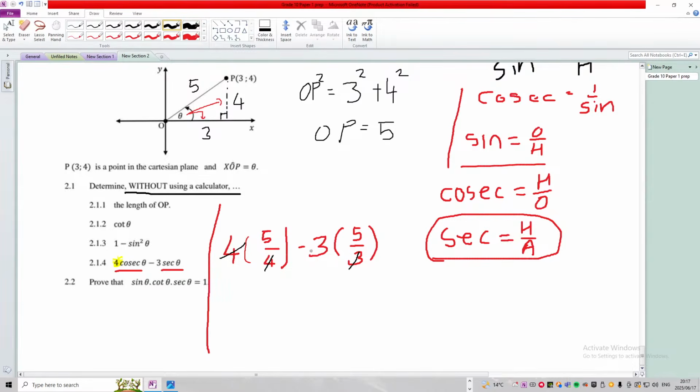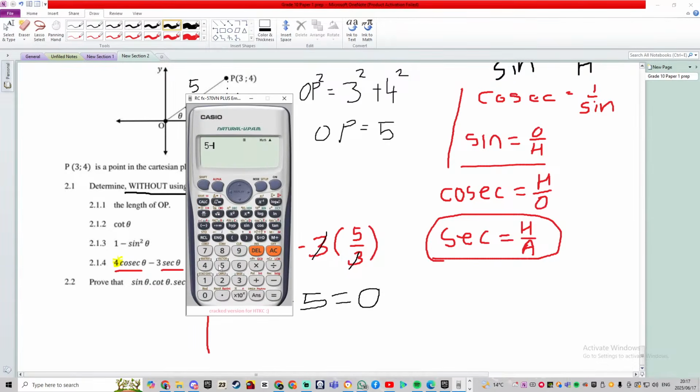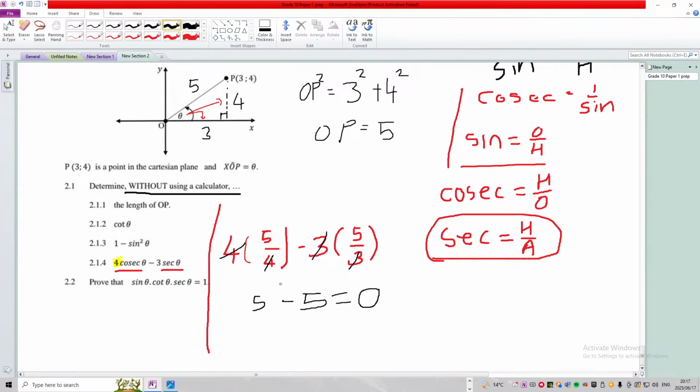I'm not using a calculator still to this day. Then I have 5 minus 5, because of the cancellation, and 5 minus 5 is equal to 0. Let me double check. Okay, so that's equal to 0 for 2.1.4.